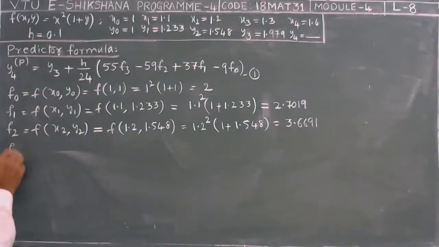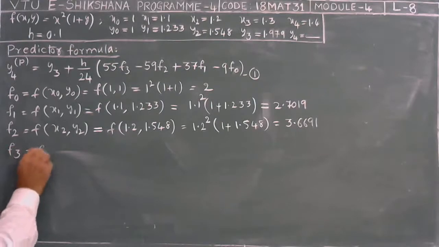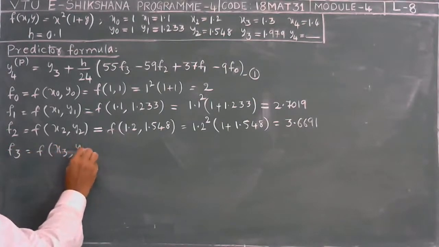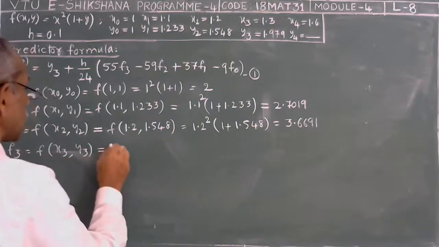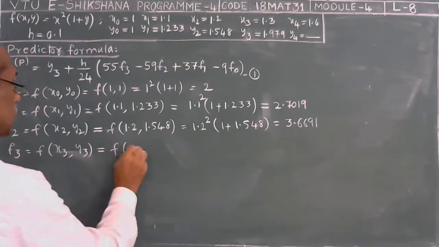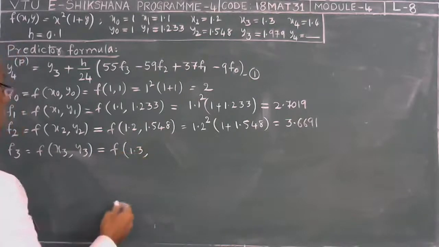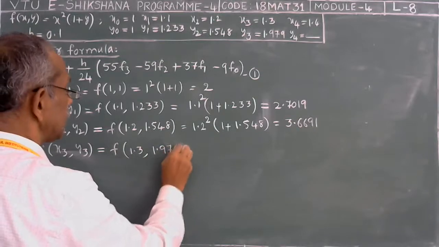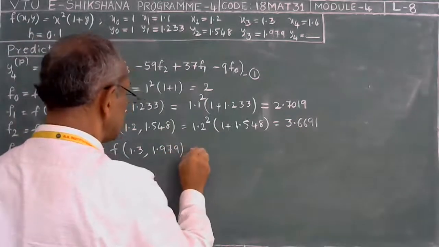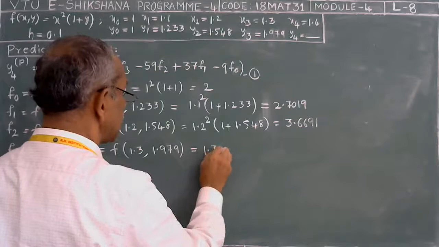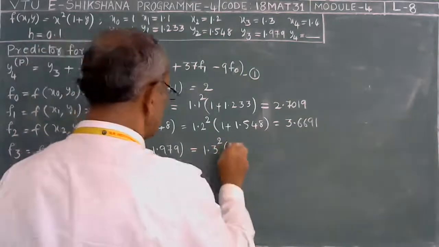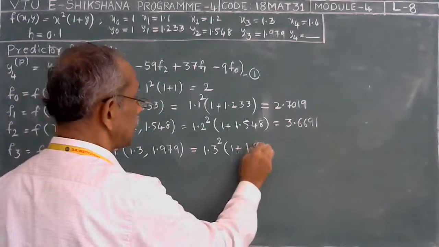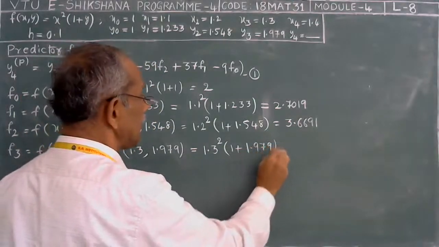Then f3 is f of x3 comma y3, that is f of 1.3 comma 1.979. By definition, this is 1.3 square into 1 plus 1.979.